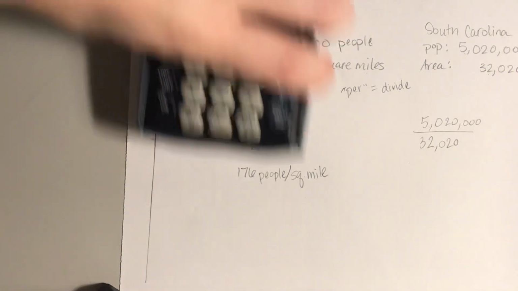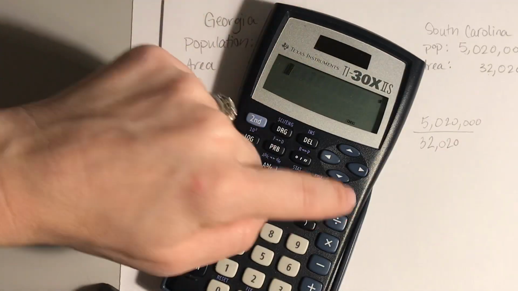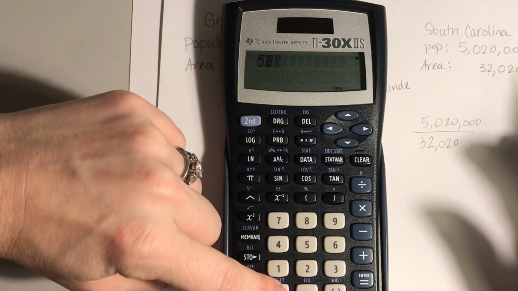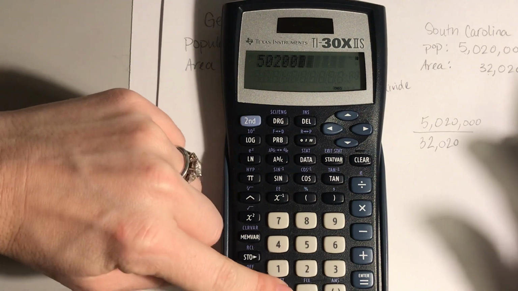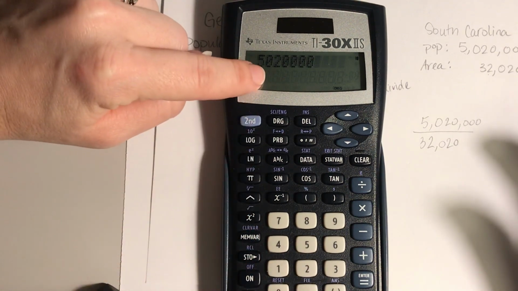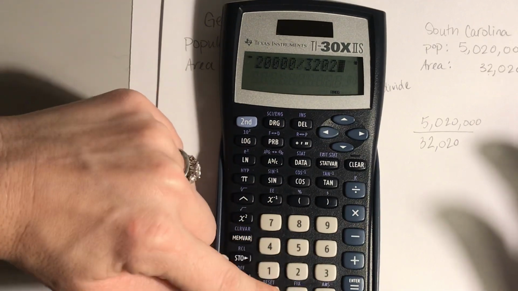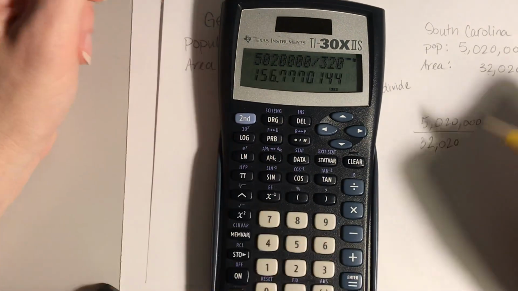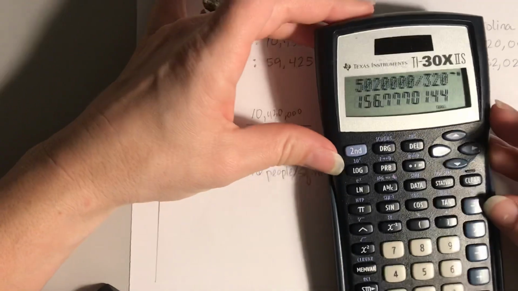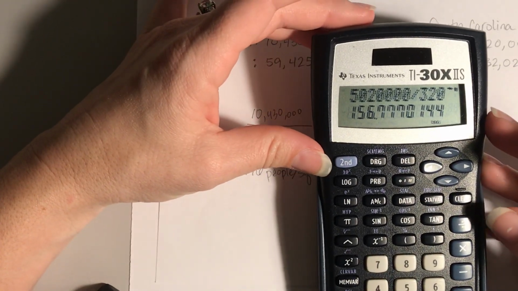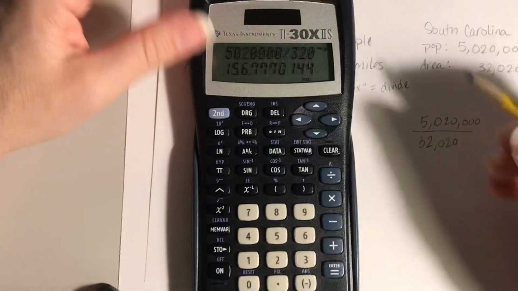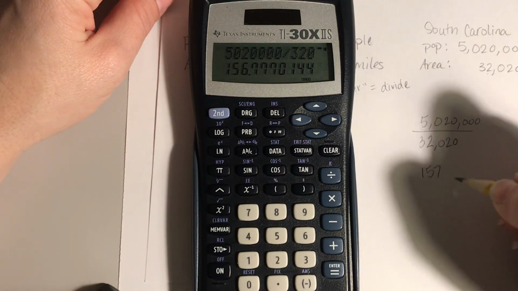Okay, so dividing that, 5,020,000 divided by 32,020. This one is 156, round up to 157 people per square mile.